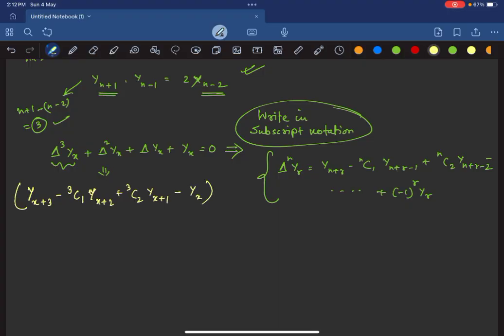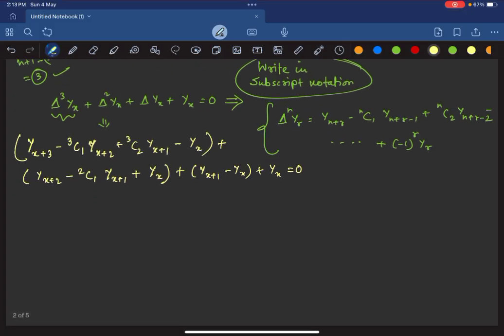This is the first part, plus for the second part, that is y(x+2) minus 2C1 y(x+1) plus y(x) plus delta y(x). Okay, so that term you can write y(x+1) minus y(x) plus y(x).